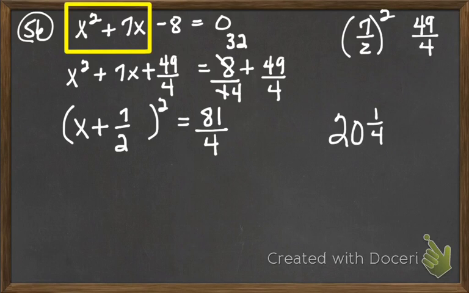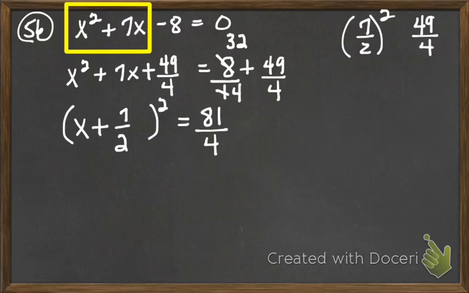Okay? If you're going to use your calculator, please find out how to use it. If you don't know how to use it correctly, then you can ask me. Alright, so we want that 81 fourths as an improper fraction because it is a perfect square. 81 is a perfect square, and so is 4.